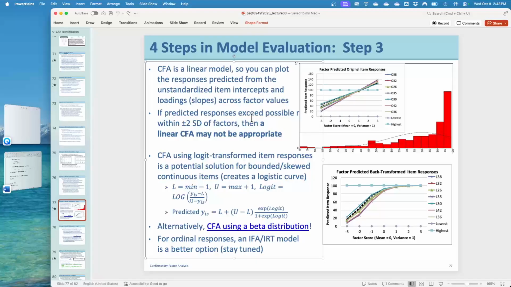And this is what would happen if you estimated a linear model with dichotomous or binary data, right? You're going to have predictions that are out of bounds. What she ended up doing was a log transformation where she basically log transformed within the min and max. And then after that, she could show prediction stayed in bounds. But in a couple of weeks, we'll talk about that as a new set of models.